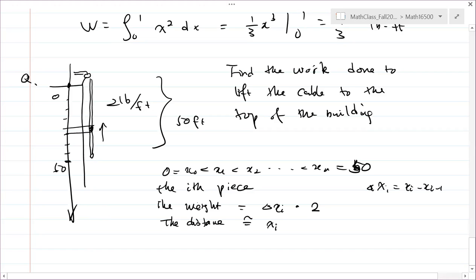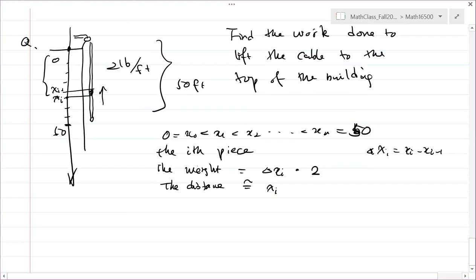Xi is the coordinate of that particular point. There's no error here, right? I just count xi. So xi is the distance it travels.